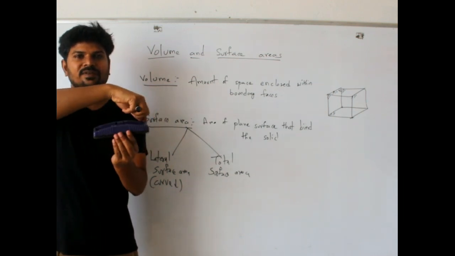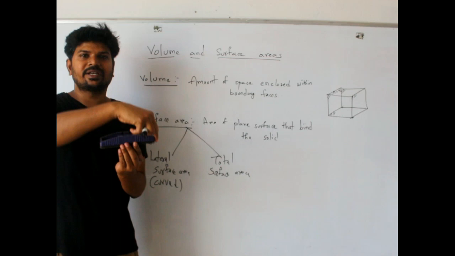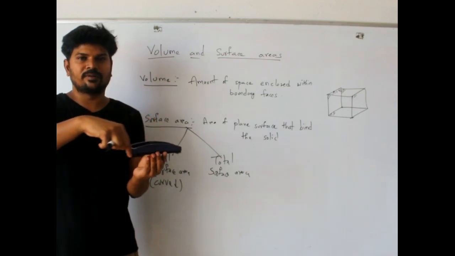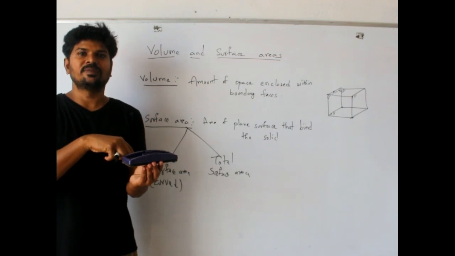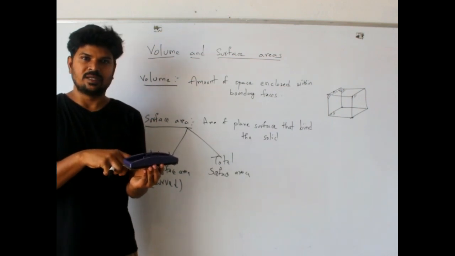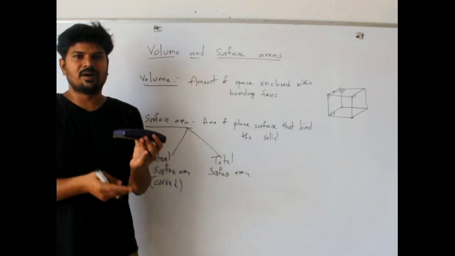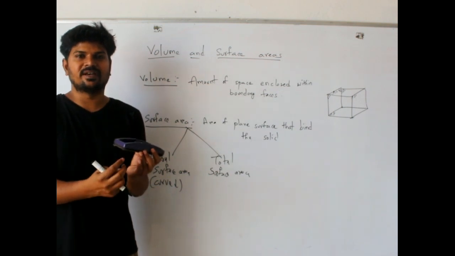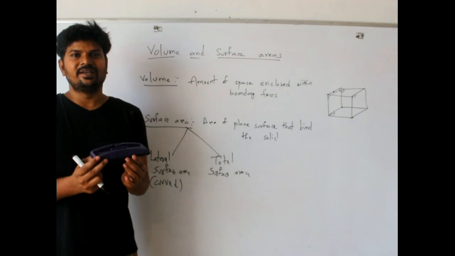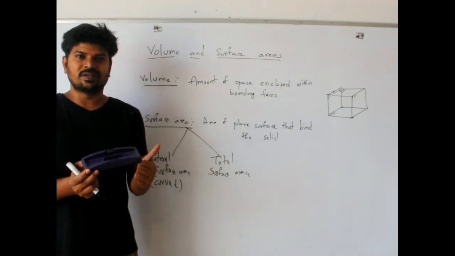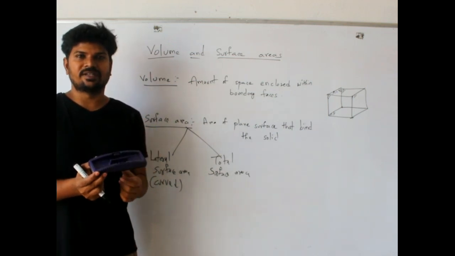Whatever is bounded by the outer areas is called the lateral surface area or curved surface area. And if you include top and bottom in addition to the lateral surface area, then it is called the total surface area. So for 3D, we need to find total surface area and curved surface area.